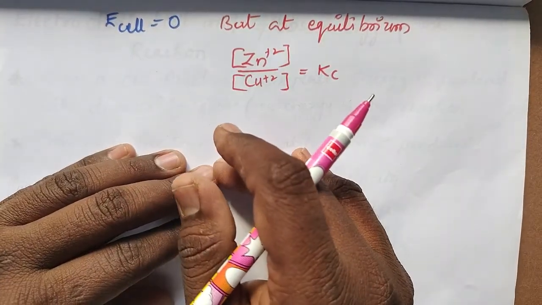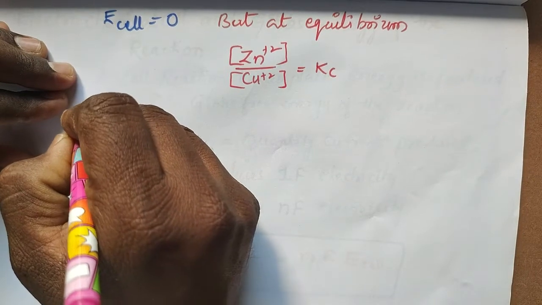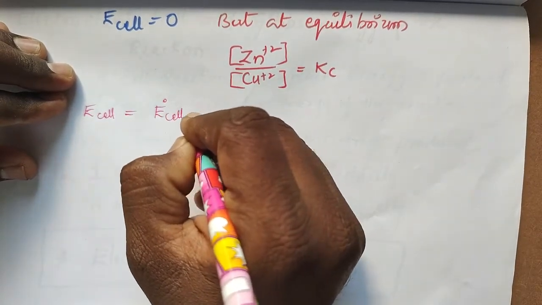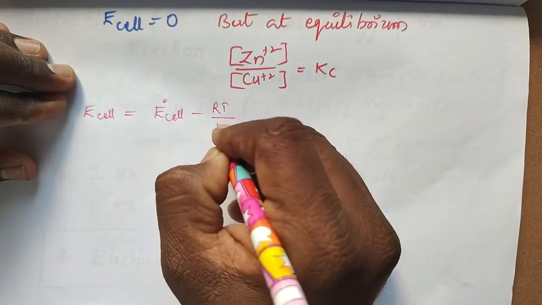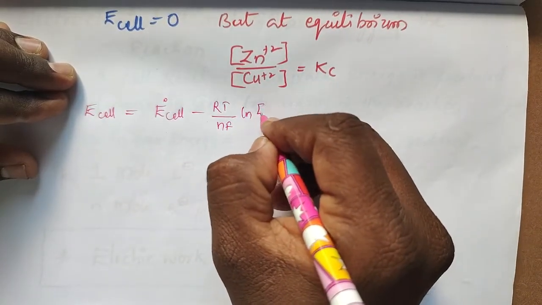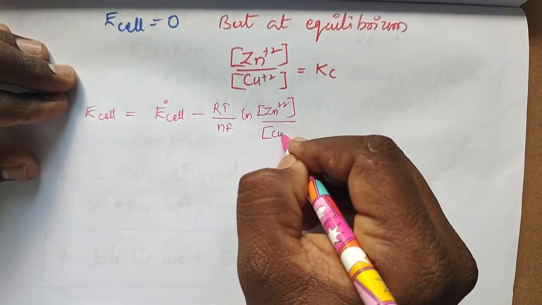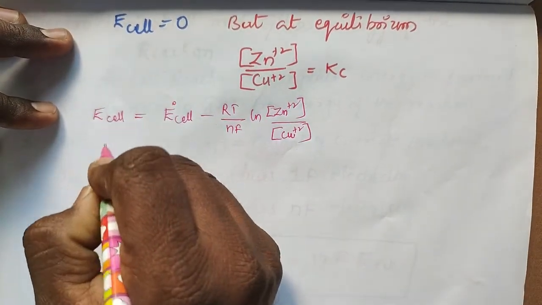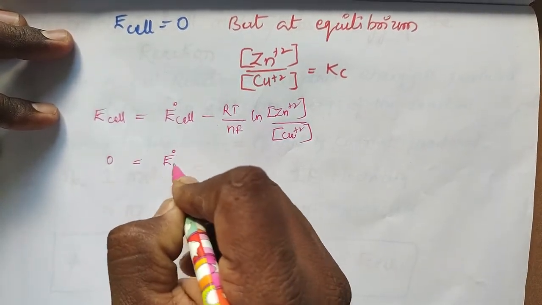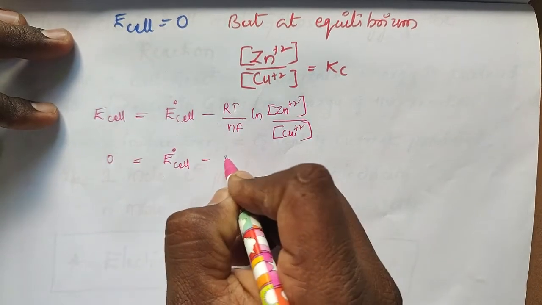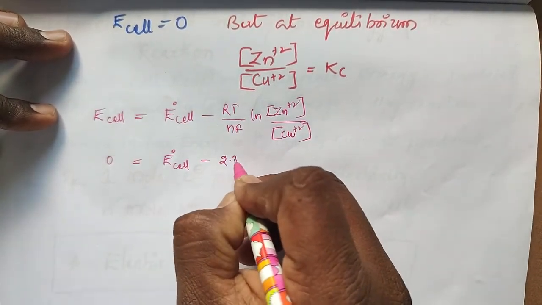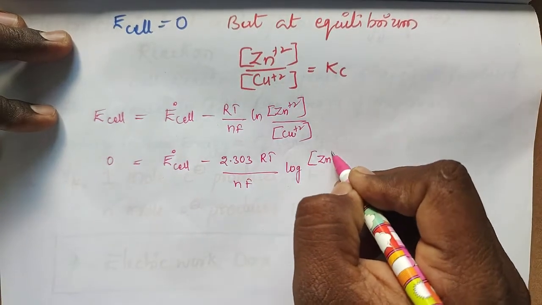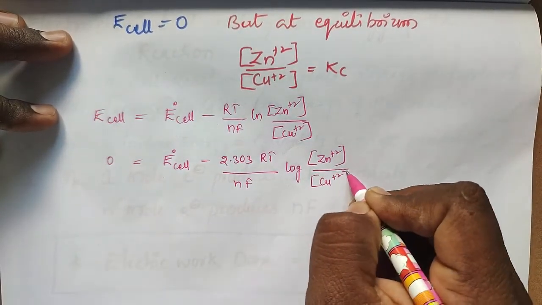Now we write the equilibrium constant from this equation. We have E cell equals E naught cell minus RT by nF ln Zn2+ by Cu2+. Here E cell equals 0, so E naught cell equals, removing ln, 2.303 RT by nF log of Zn2+ concentration by Cu2+ concentration.